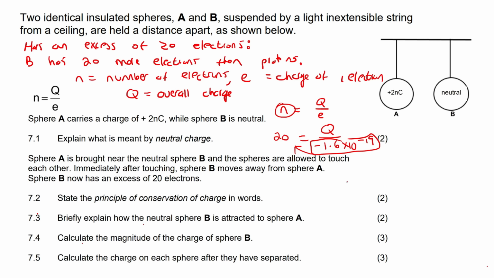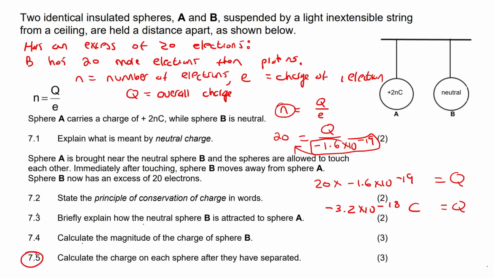So Q equals 20 multiplied by negative 1.6 times 10 to the negative 19, and if you work that out, you end up with negative 3.2 times 10 to the negative 18 coulombs.